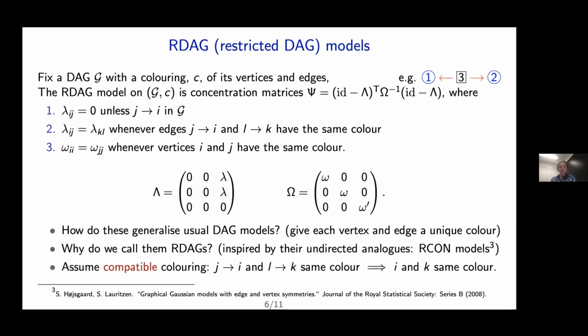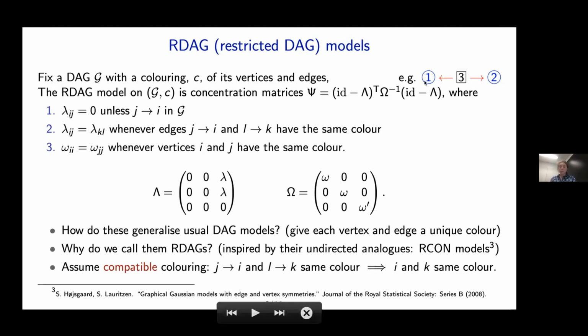Okay, and here's an assumption that we have throughout our study of RDAG models, which is that the coloring is compatible. So what that means is whenever edges j to i and l to k have the same color, this implies that the vertices i and k must have the same color.